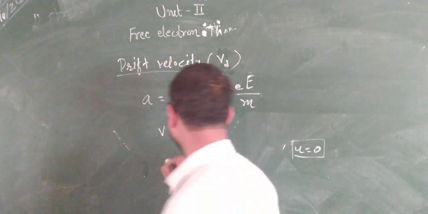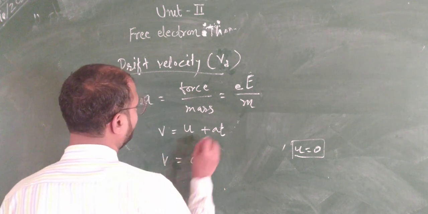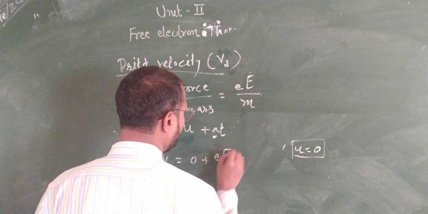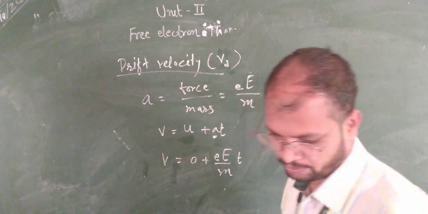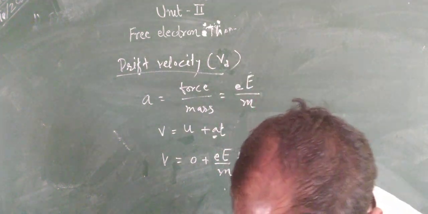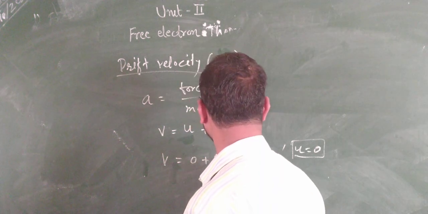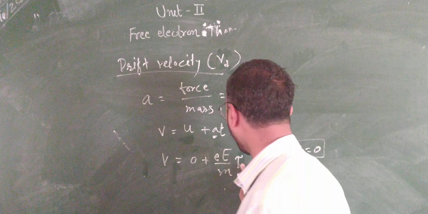So what we get is v is equal to 0 plus a into t, and here acceleration a is nothing but eE upon m, and t is the time interval between two successive collisions, which is represented as tau.